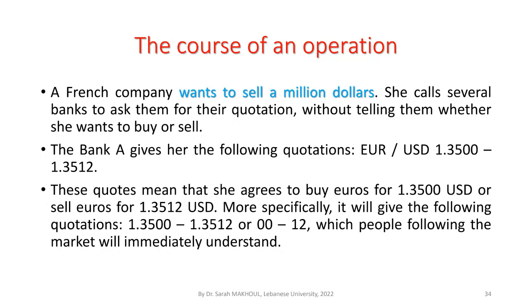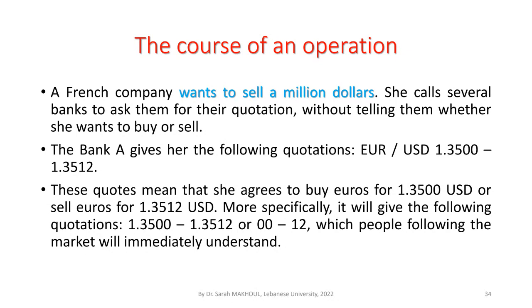She is asking for quotations without mentioning if she is buying or selling, so she didn't specify her situation, although she wants to sell the $1 million that she has.